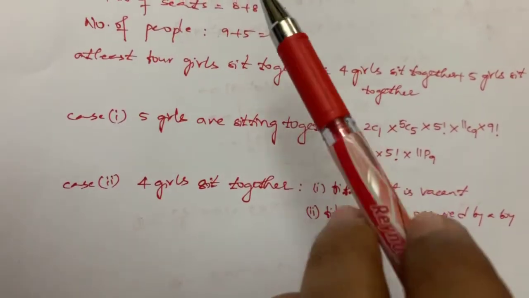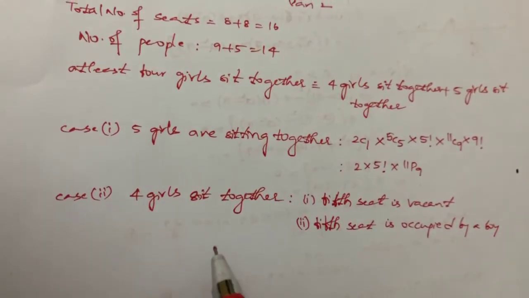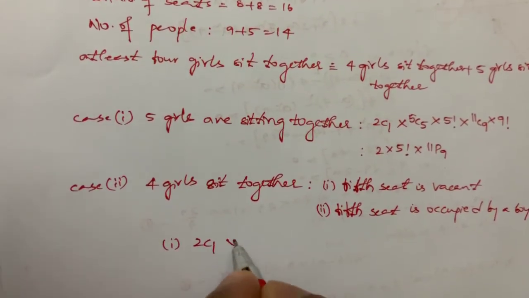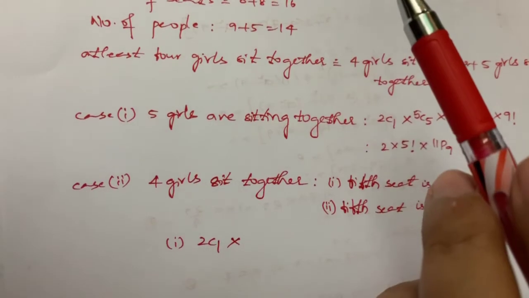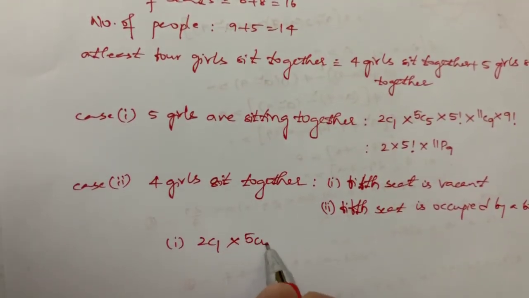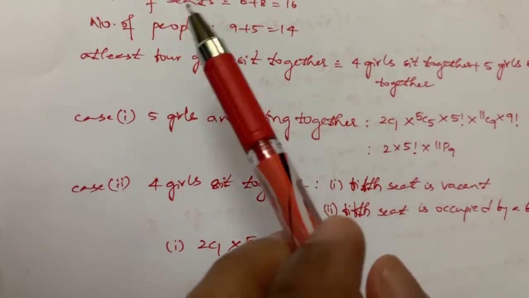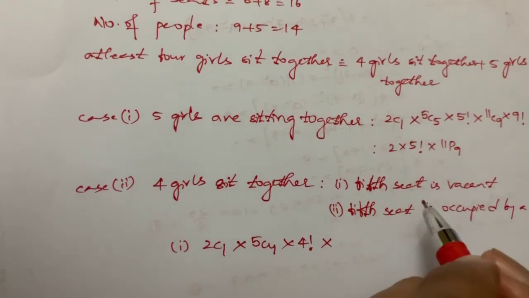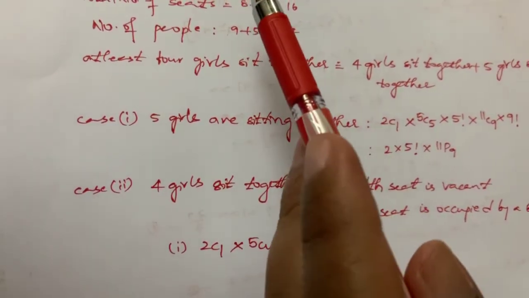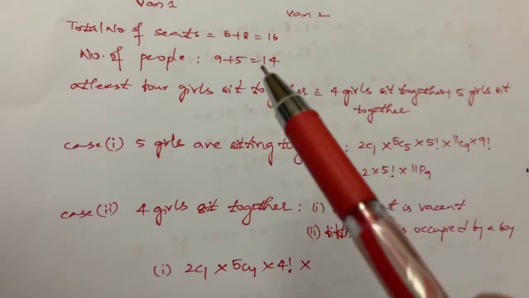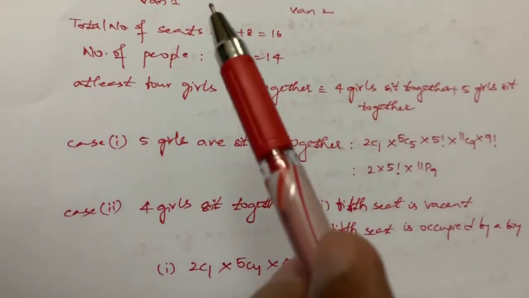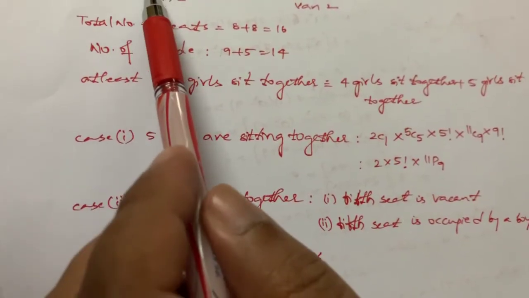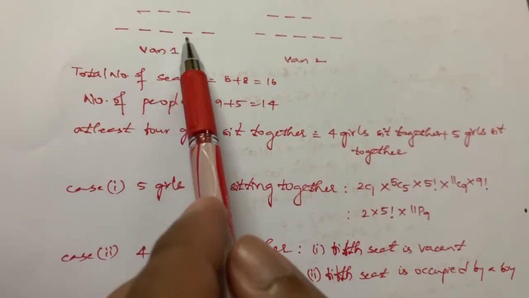Again we can place the girls here or here, so selecting the van is 2C1. We have 5 girls and we have to select 4, 5C4, and they have to be placed in the 4 places, so 4 factorial. In the seating arrangement also, either they can start from the first seat and be placed in the first 4 seats, or start from the second seat and be placed in seats 2, 3, 4, 5.